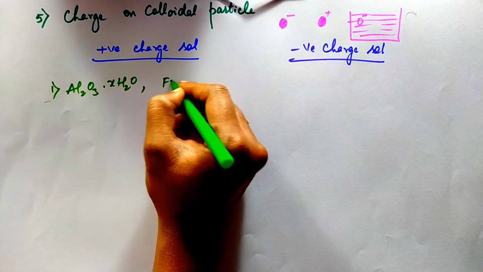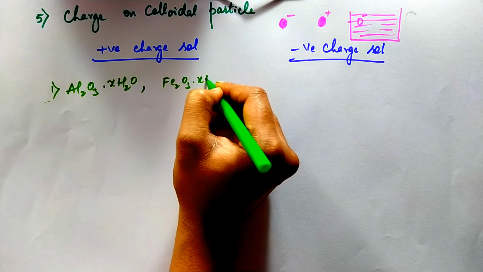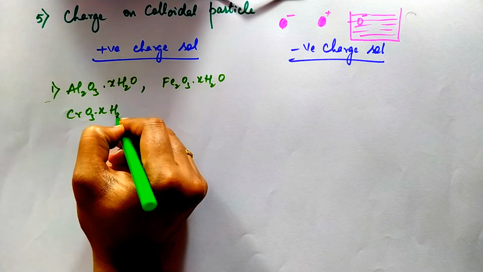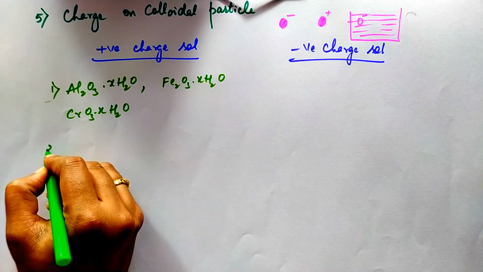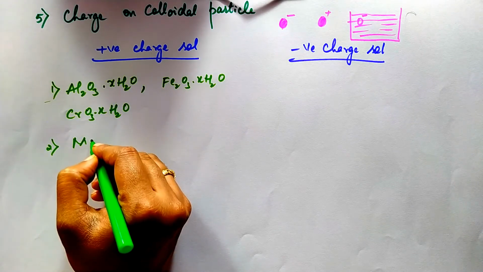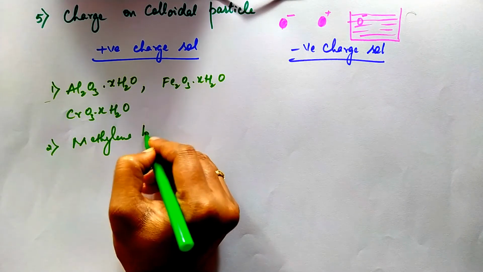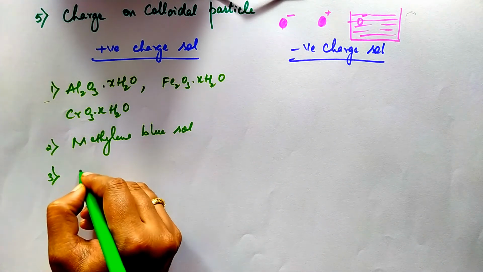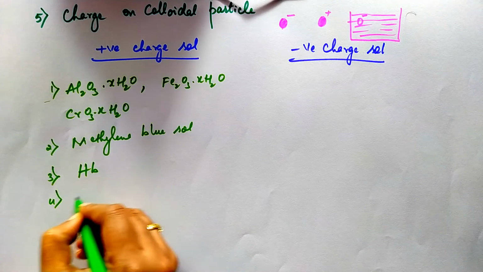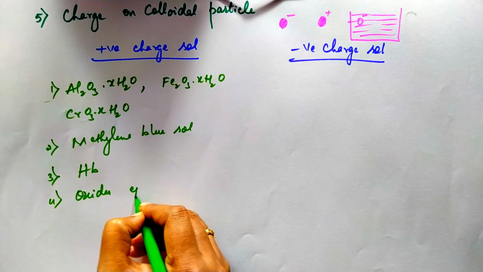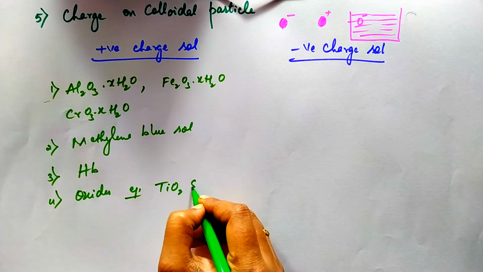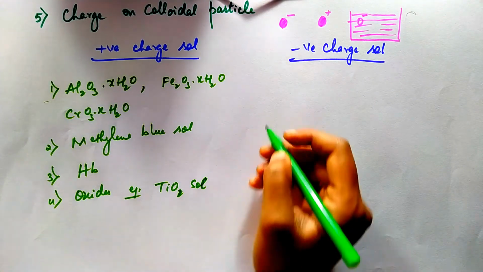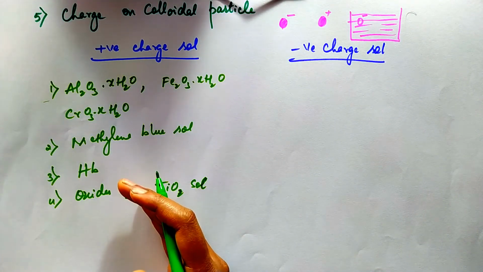In the same way Fe2O3.xH2O and also CrO3.xH2O, hydrated molecules written here. The second one is methylene blue sol, also an example for a positive sol. The third one is hemoglobin, Hb. And the fourth one is oxides, for example TiO2 sol, titanium dioxide sol. These are some examples for positive charge sol.